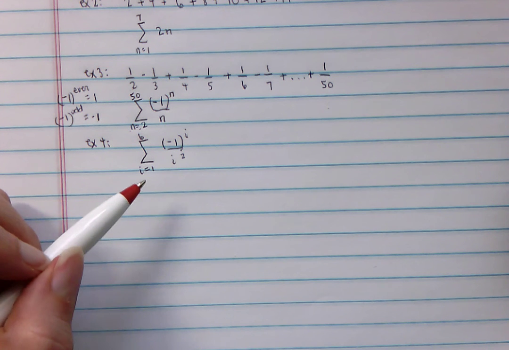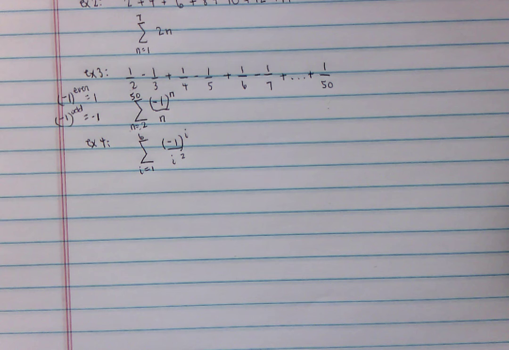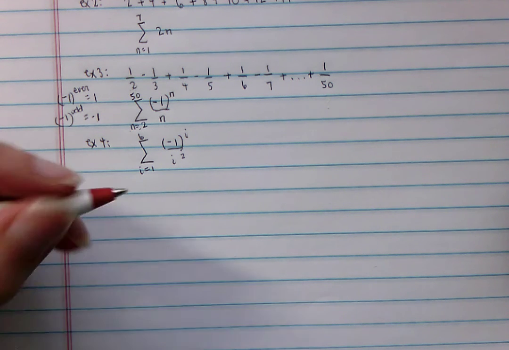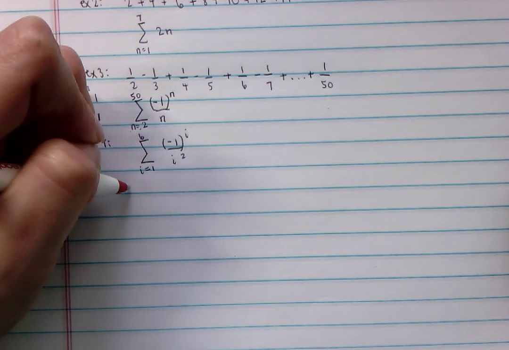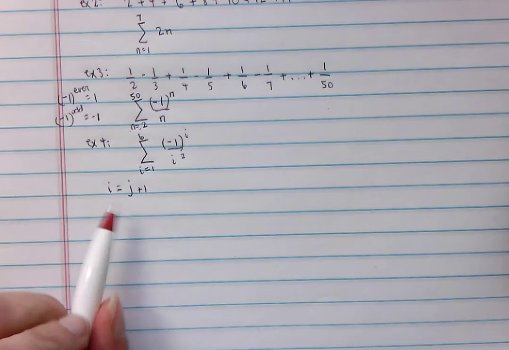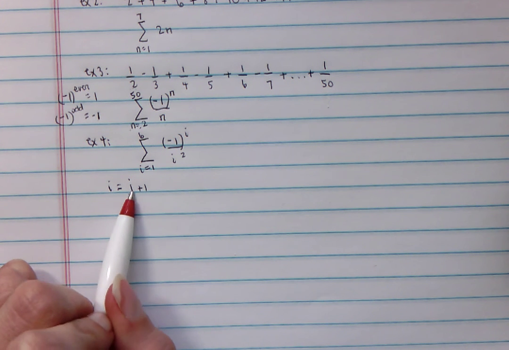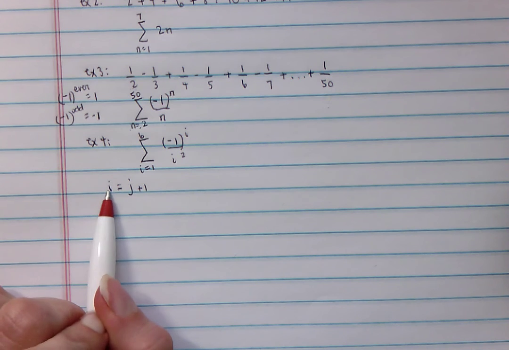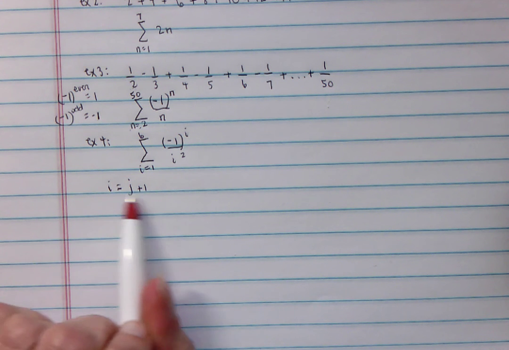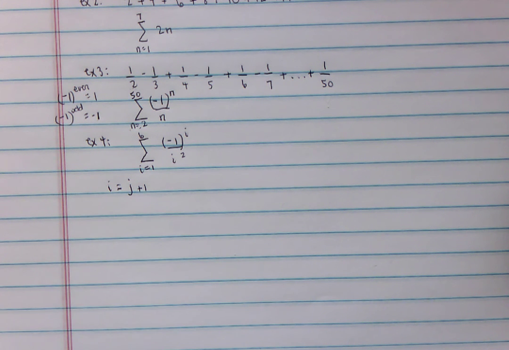So we could think, okay, because i starts at 1 and j starts at 0, you can say i is equal to j plus 1. Okay, so think about that. If j starts at 0, 0 plus 1 is 1. And remember, i starts at 1. So they're just saying you could rewrite this expression like this. That'll help us change this sequence.